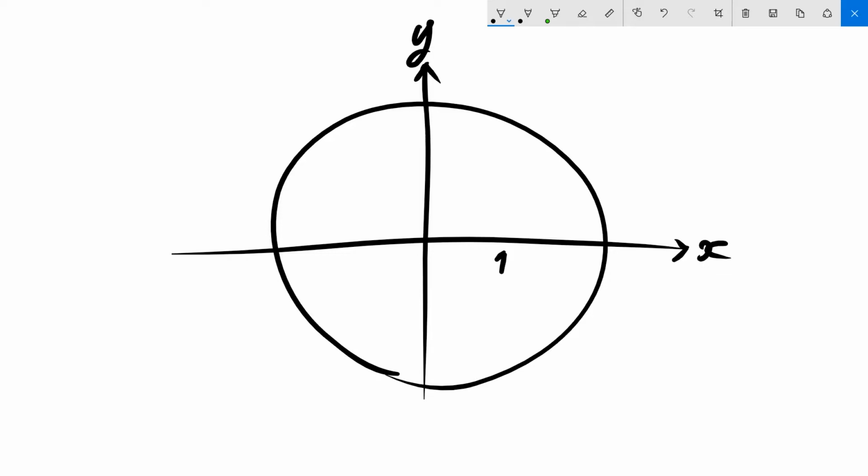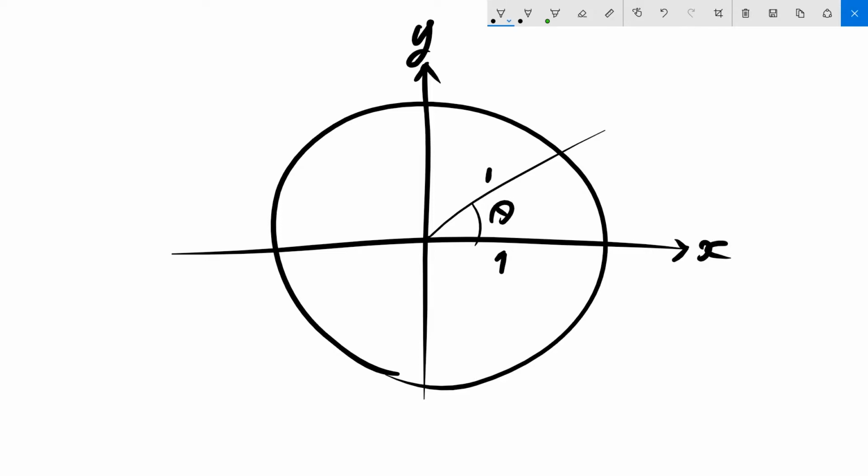This radius 1 circle is really powerful at working out trigonometric ratios because, because of this radius of 1, we can draw triangles in it, and we know that the hypotenuse always has to be 1. So I'm going to draw a line here, and let's say it's an angle theta.